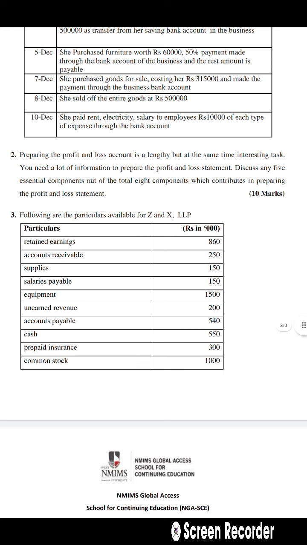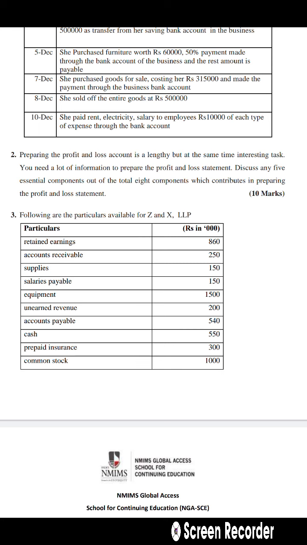So instead of saying direct cost, we can directly say cost of goods sold, because when we say cost of goods sold, we are including the stocks, opening, closing, purchases, everything is included. So we can say the first component, we can take it as cost of goods sold.